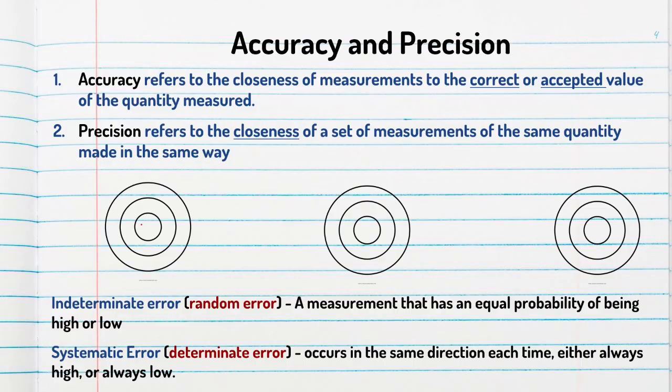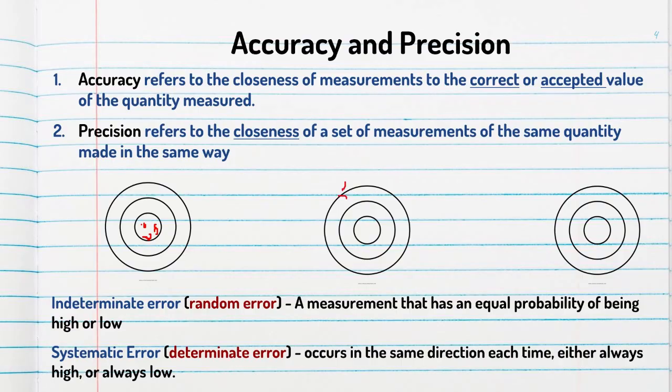So if I had, oh, you can't see that, 1, 2, 3, 4, that would be accurate and precise, right? I've hit the center of the bullseye and they're all close together.